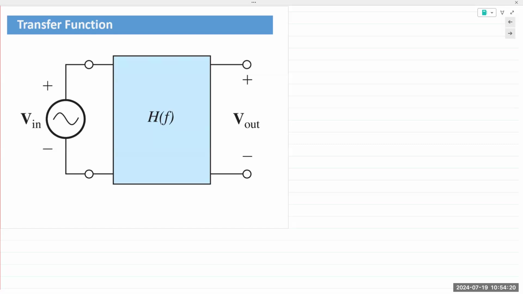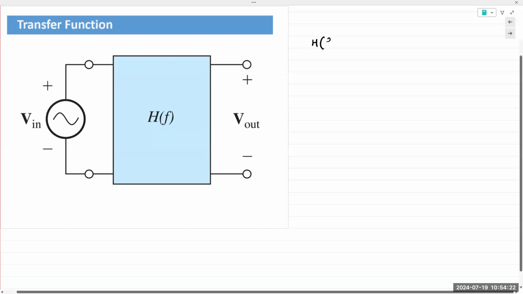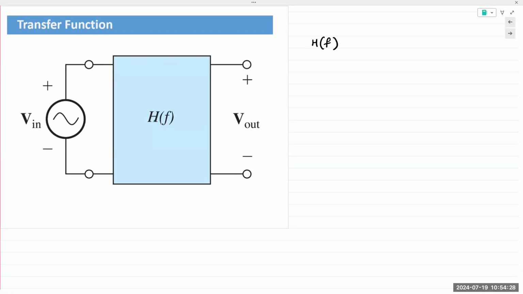Simply put, a transfer function describes how an input is transferred to the output, meaning it is telling us what that circuit does. What is the function of that circuit? How is it transferring the input to the output?